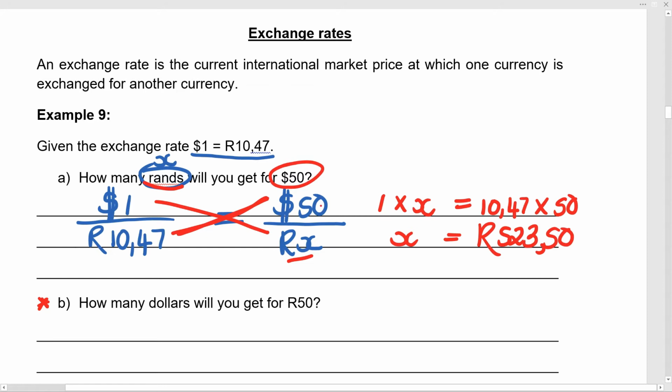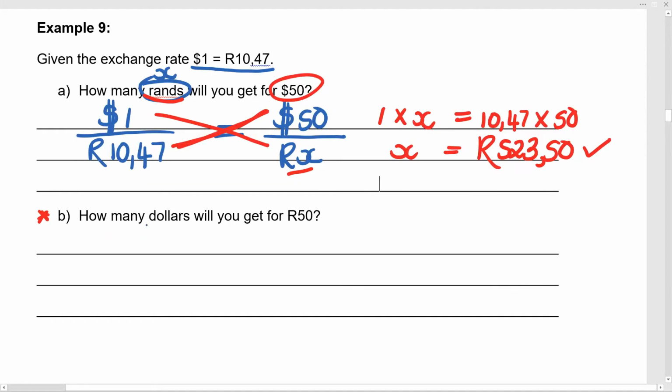Will that give me 50 Rand or more than 50 Rand or less than 50 Rand? And we know that the dollar is stronger than the Rand. So a little bit of current affairs knowledge goes a long way in this topic as well, because we can say to ourselves, surely it's going to be a lot more than 50 when you convert to Rands, and of course it is.